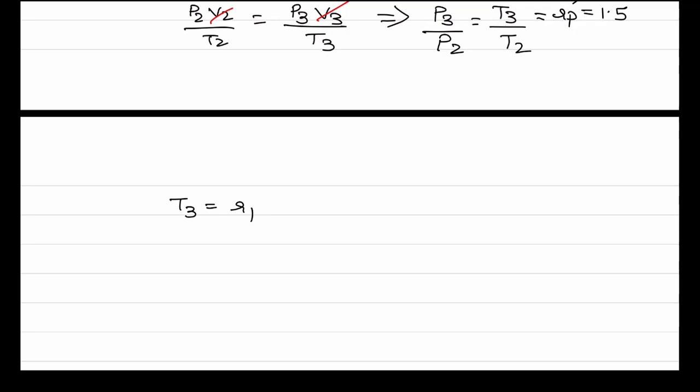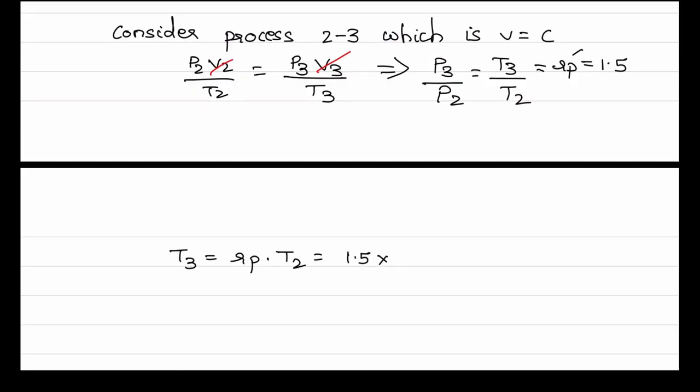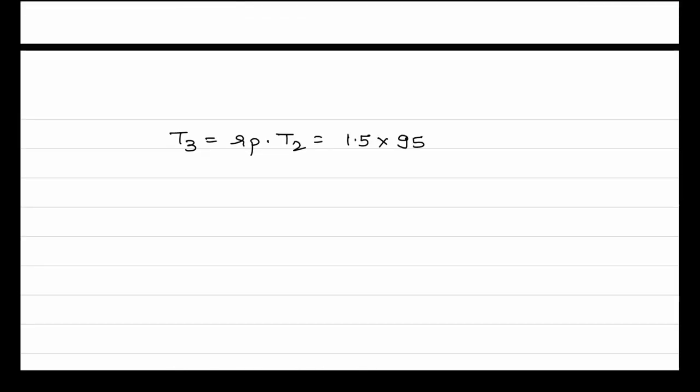RP is 1.5 and T2 we have already found out, 953.3. So from here, what is the value of T3? We are getting T3 as 1429.95 Kelvin.